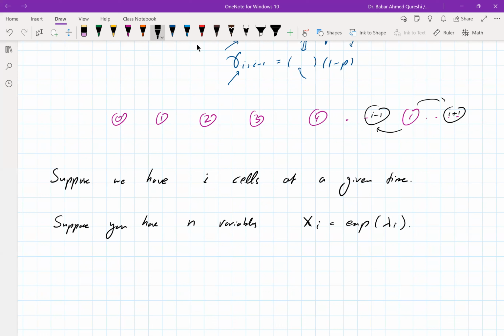I want the order statistics for x1, the first order statistic.